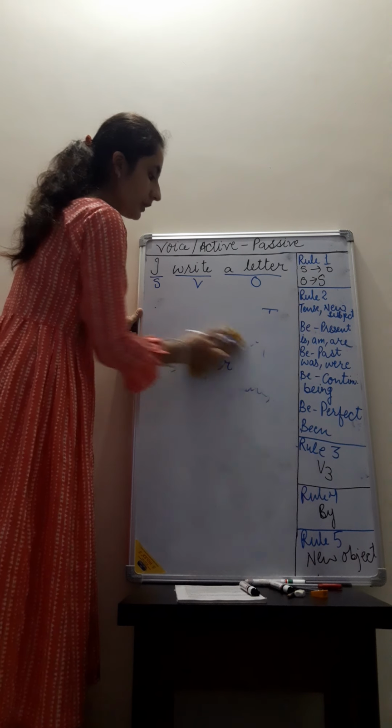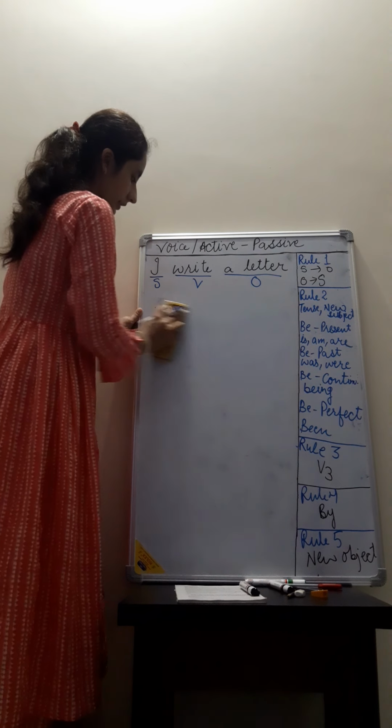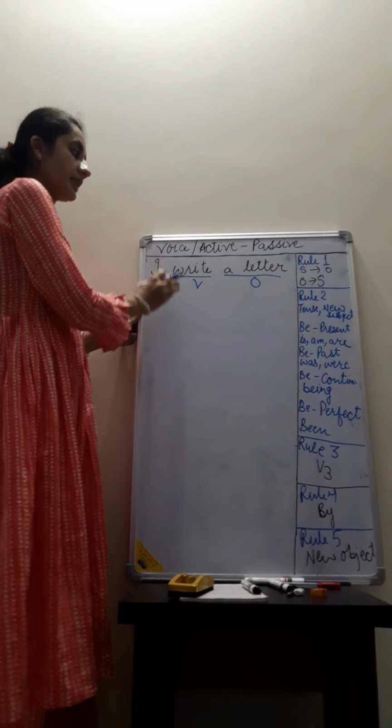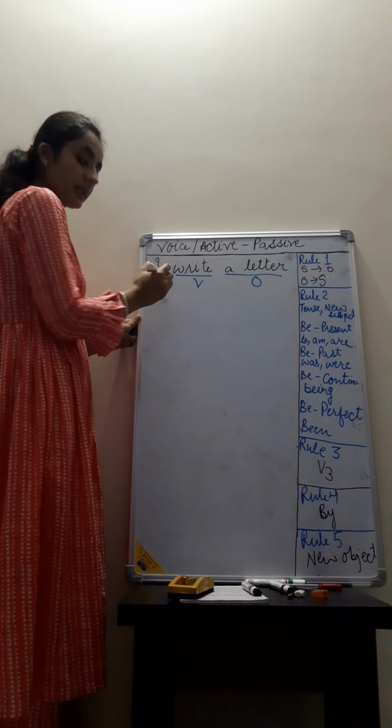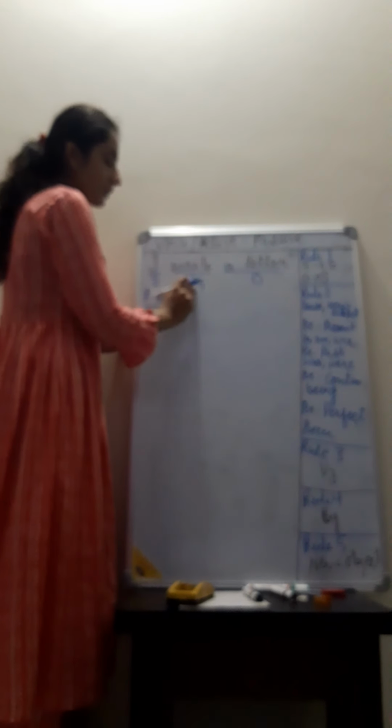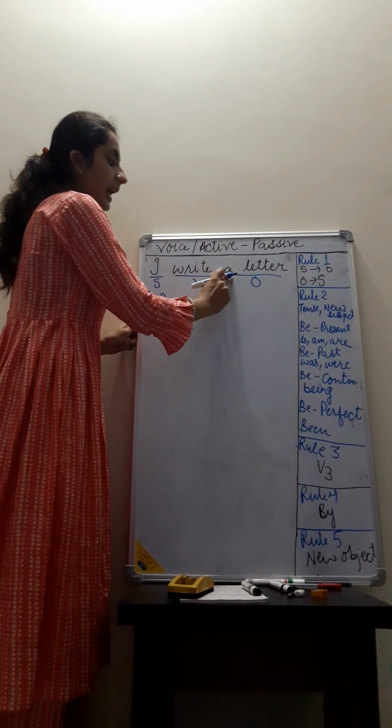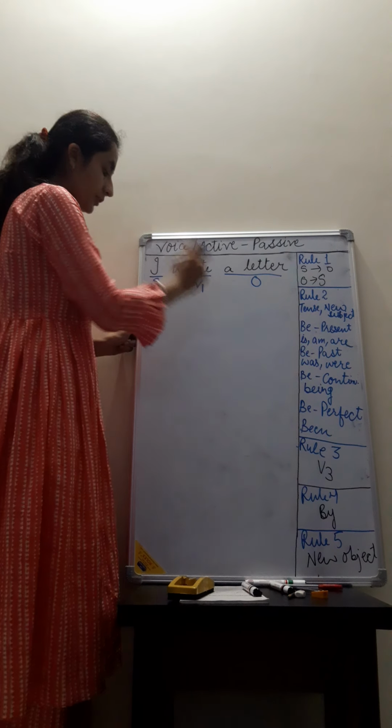Okay, next we will see this sentence more carefully. I is the subject, which is in the first person. Write is the verb here. It is the verb's first form. And a letter is the object.